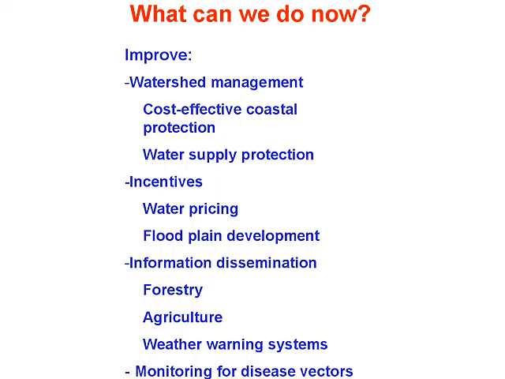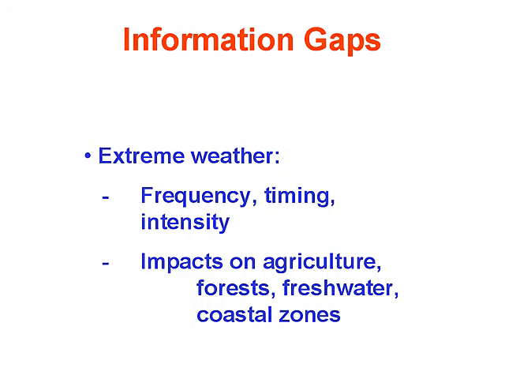And we think we probably also need to monitor for disease vectors, partly because of many of the changes that have occurred in the last few years that seem to be weather related. We have substantial information gaps. We need to know what it's going to cost to adapt and what the benefits of adaptation will be and how overall policies will affect what we do about climate.